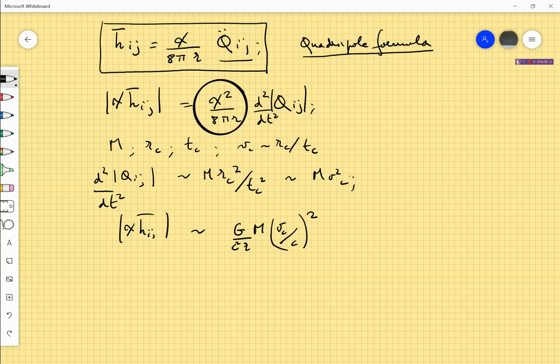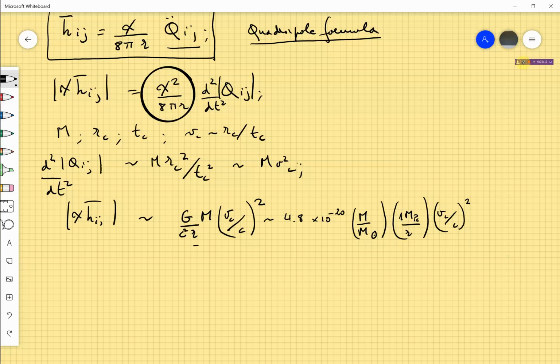And now we can measure this in units of, for instance, solar masses and typical distances to make an estimate of this strength. And this gives 4.8 times 10 to the minus 20, the mass measured in solar masses, then the distance measured in megaparsecs, and Vc divided by c squared.